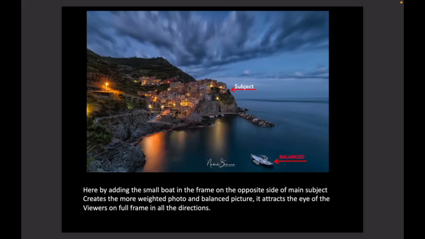If the boat wasn't there, then definitely this photo looks interesting, but it could be a more one-sided, heavy, one-sided weighted photo. But by adding a small element into the photo, by applying the rule of thirds, of course, this boat came into the frame, and I balanced it as well.